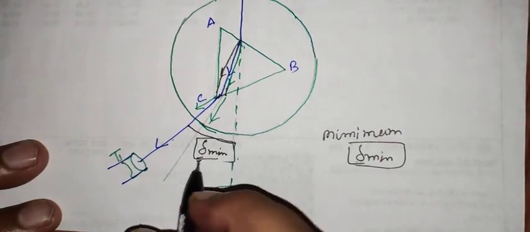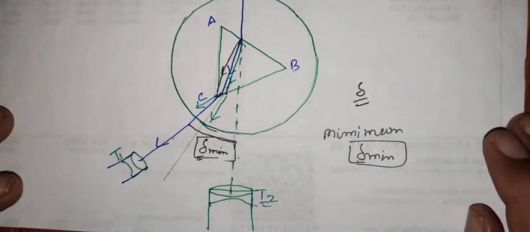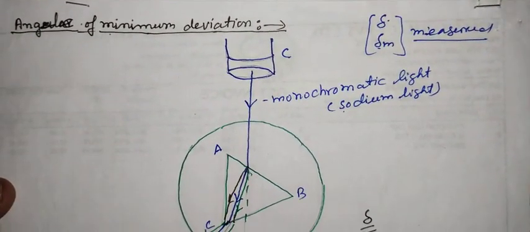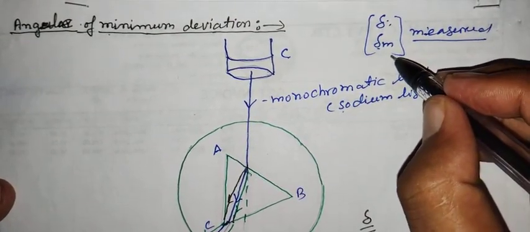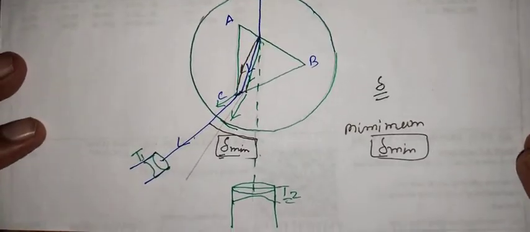If it is not minimum, then it is called the angle of deviation, delta. So by applying this process, we can measure the angle of deviation and the minimum value of the angle of deviation.